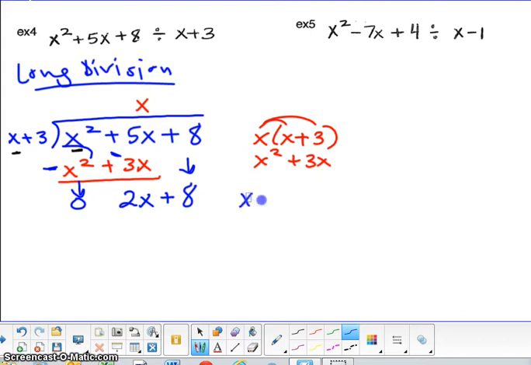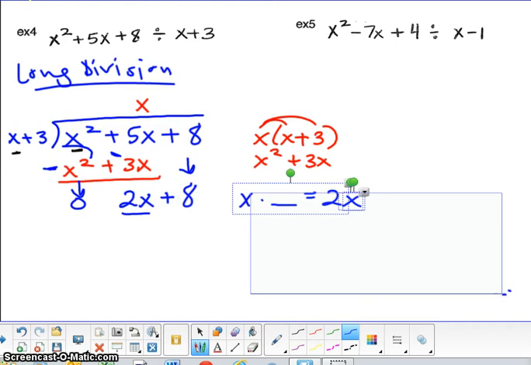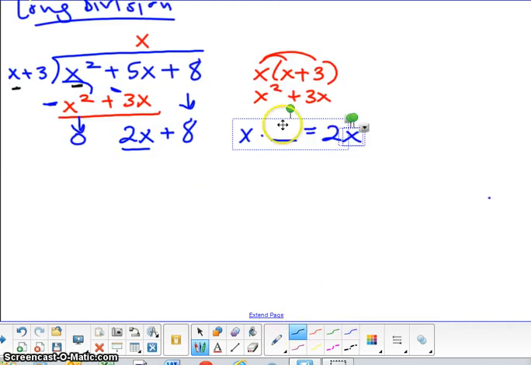So x times what value is going to give me 2x? There's the 2x I'm talking about. And if you said 2, you are correct. So we're going to place a 2 on the top of the long division and then multiply it through, so you get 2x plus 6. And how I multiply that through is taking x plus 3 and multiplying it by the 2 that I just found.